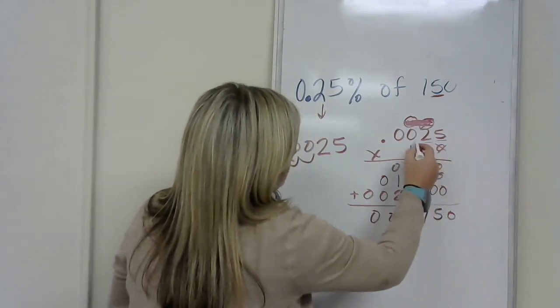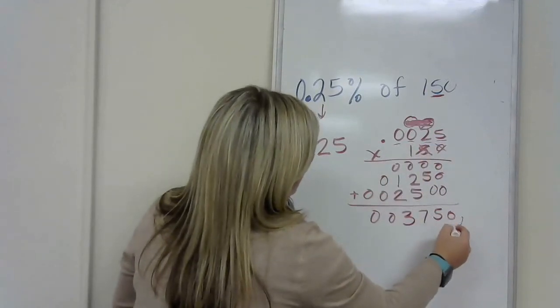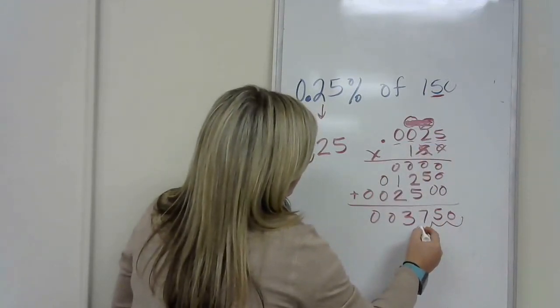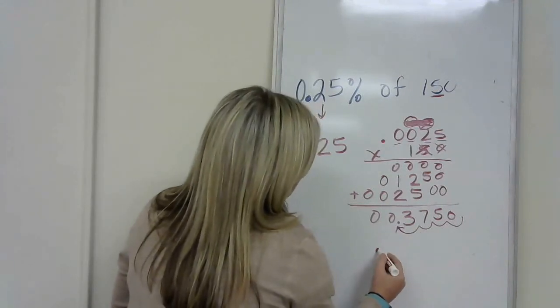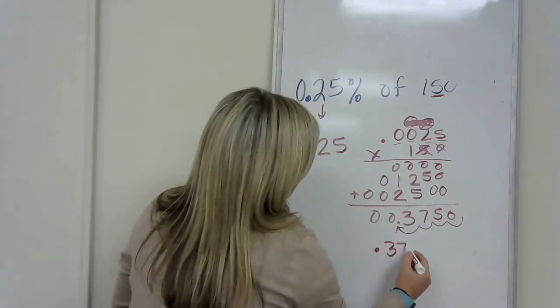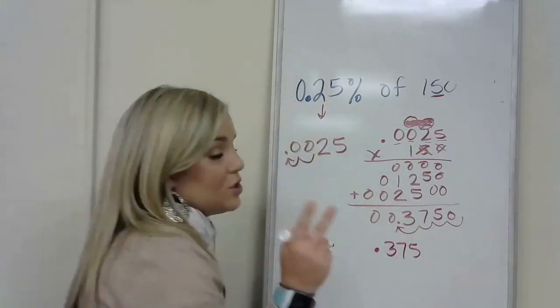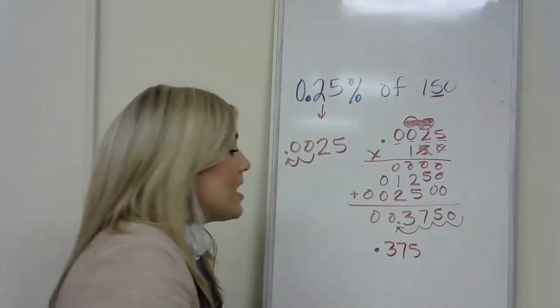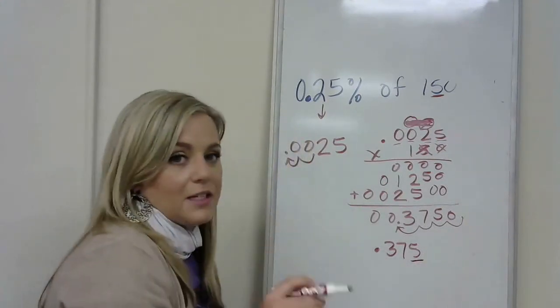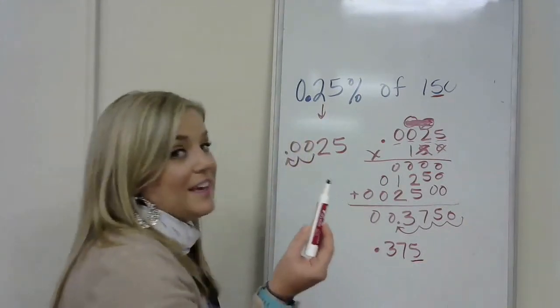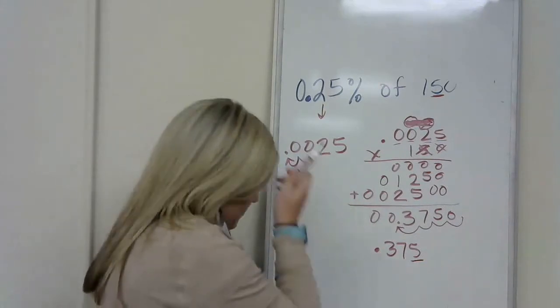And I've got to move it 1, 2, 3, 4 decimal places. All right, now this one wanted me to round this to 2 decimal places. So this 5 right here is in my 3rd decimal place, or it'll say nearest hundredth.